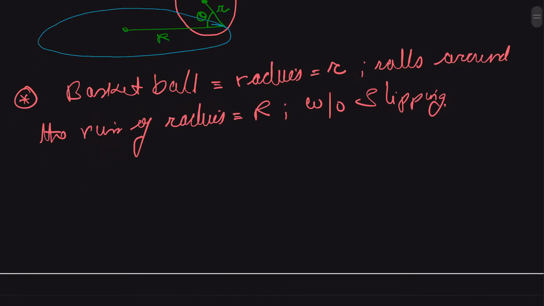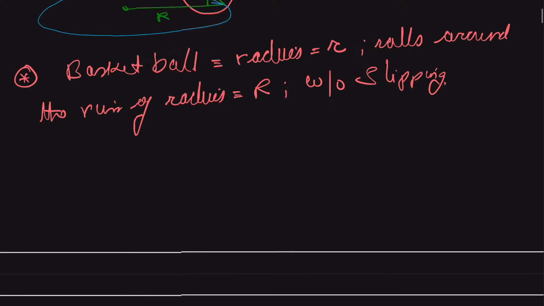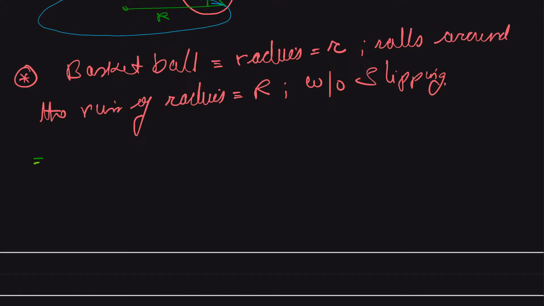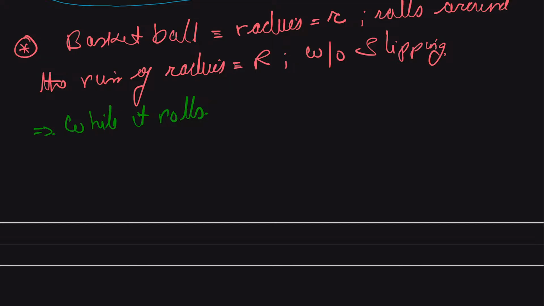So we can draw a certain conclusion from this information that is given to us. While it rolls, the first point we can say is that the center of mass moves in a horizontal circle.